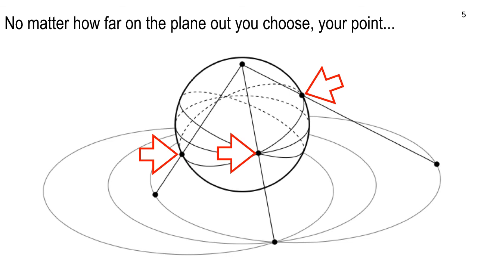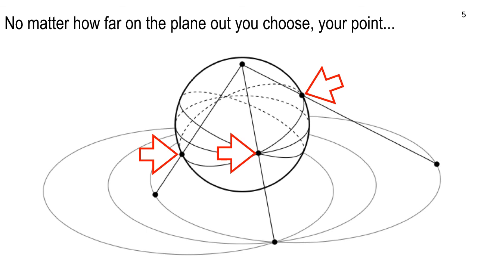Now, here's the thing about it. This point here in the lower left on the plane is fairly close to the sphere, and this one over here on the far right towards the middle is the furthest one out of the three that we've got on the plane.